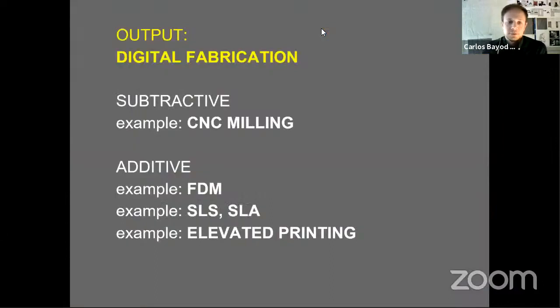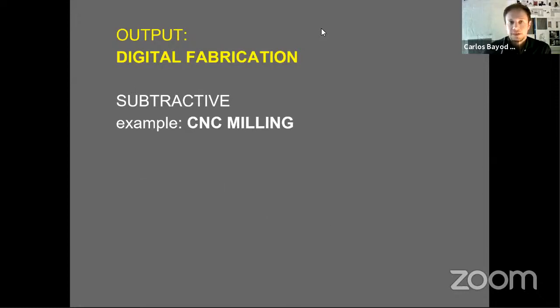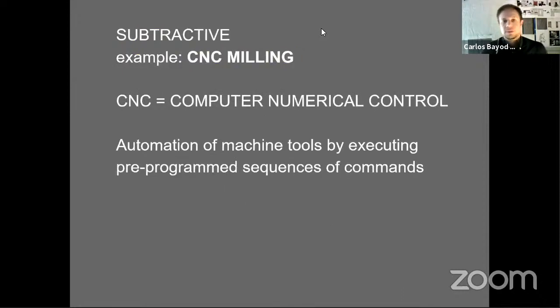So I chose these examples, which is the most common techniques we are using. And to begin with the subtractive fabrication techniques, I would like to focus for one moment on computer numerical control milling. This is basically the idea of sending a series of commands to the machine to actually generate a series of movements, a series of orders that are necessary to rematerialize a 3D model or any sort of 3D information that you have previously in digital form.